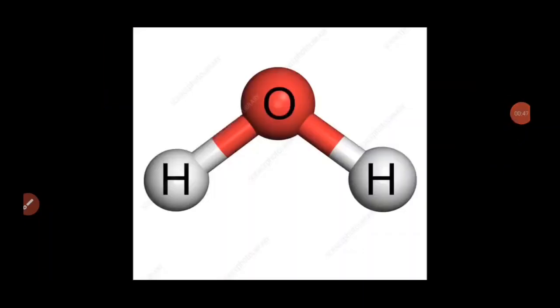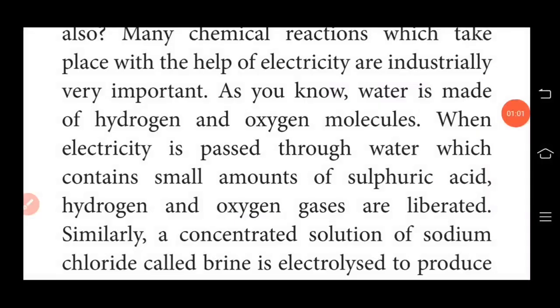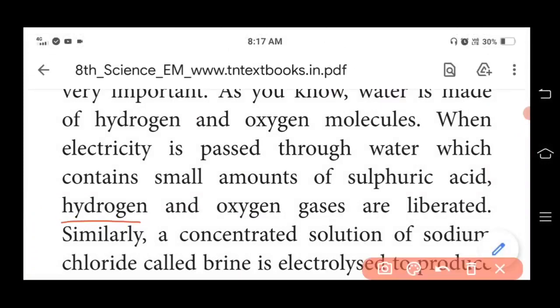You know that water is made of hydrogen and oxygen molecules. So when electricity is passed through water which contains a small amount of sulfuric acid, hydrogen and oxygen gases are liberated.